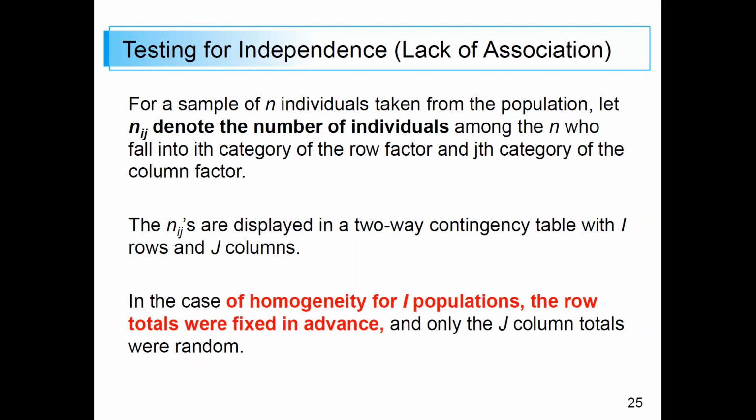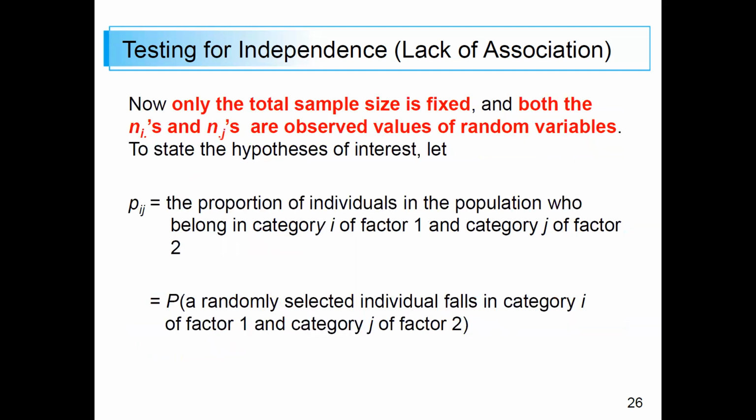But now, when we are considering this test of independence, those row counts are no longer fixed. Instead, they become random, just like all the column totals. So in this case, what is fixed is the overall total over both the rows and the columns.